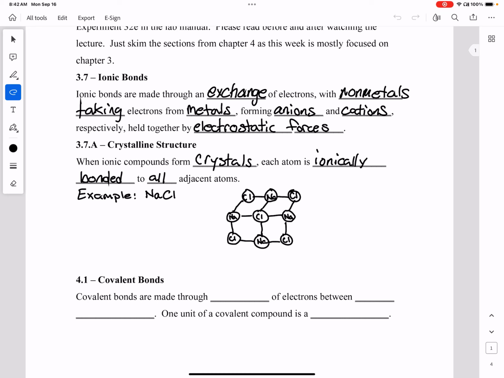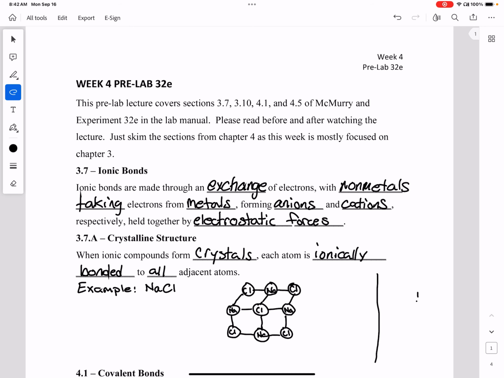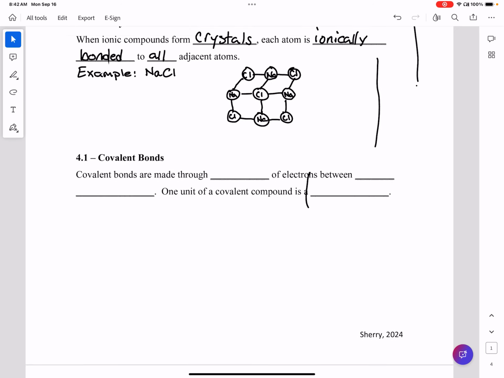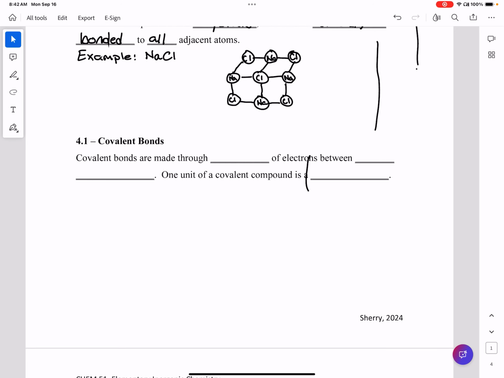Okay, so let's look at covalent bonds, just the basics of covalent bonds. Okay, covalent bonds are made by sharing of electrons.